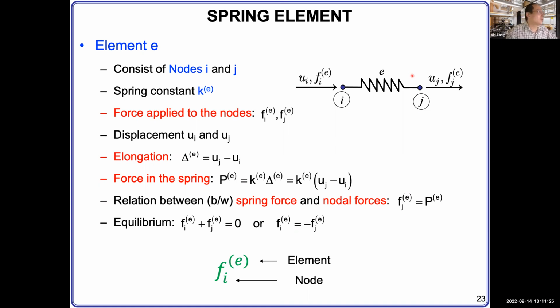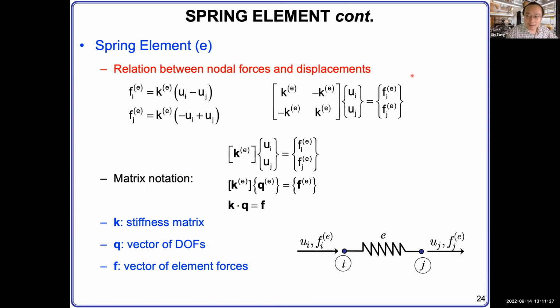Okay. We have discussed that for any one spring, you can write the force as I mentioned before. The force on node I is Fi, because we use I as a reference, so Fi equals K times Ui minus Uj. For the force J, we use J as a reference, then Fj is K times Uj minus Ui.